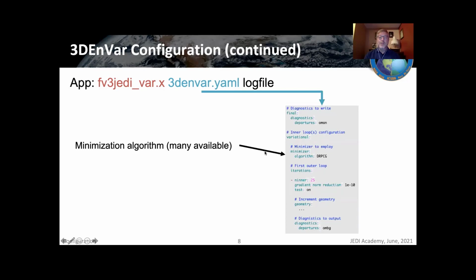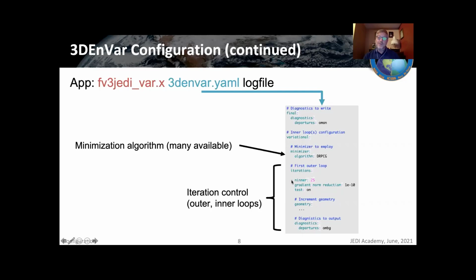And then for the variational minimization, you're specifying an algorithm to use. There's quite a few algorithms that you can choose from in the system. And you're also specifying the iteration control. You can see the list marker here, the dash.